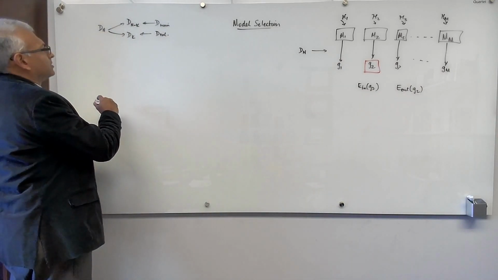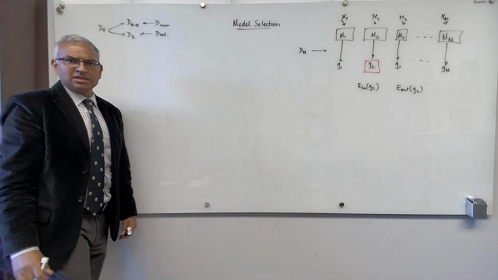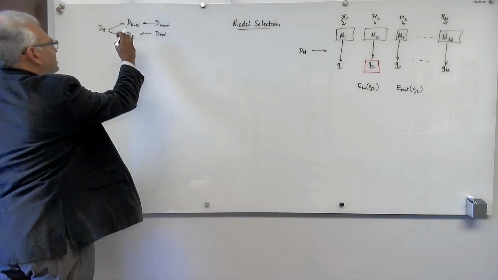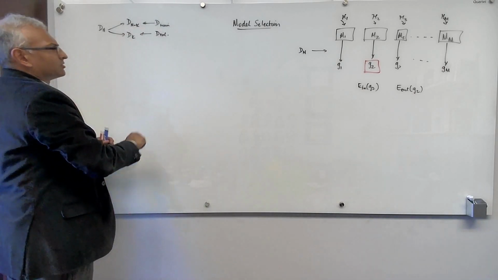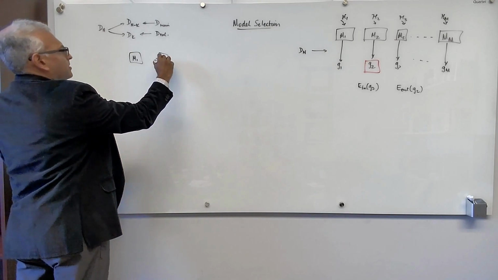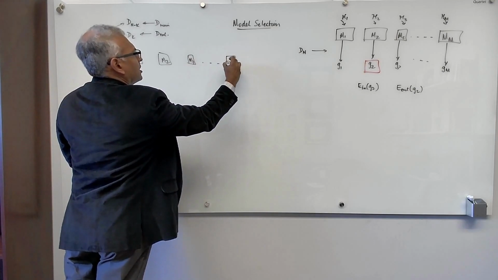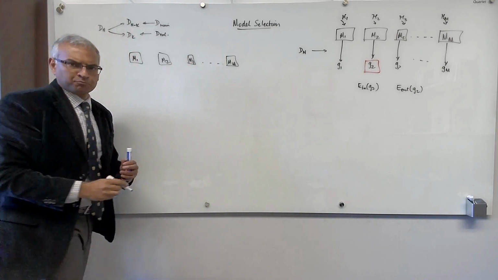We now don't give my minions the full data set. We give my minions the training data set. So it's very simple. You have your models, M_1, M_2, M_3, and so on, up to M_M.